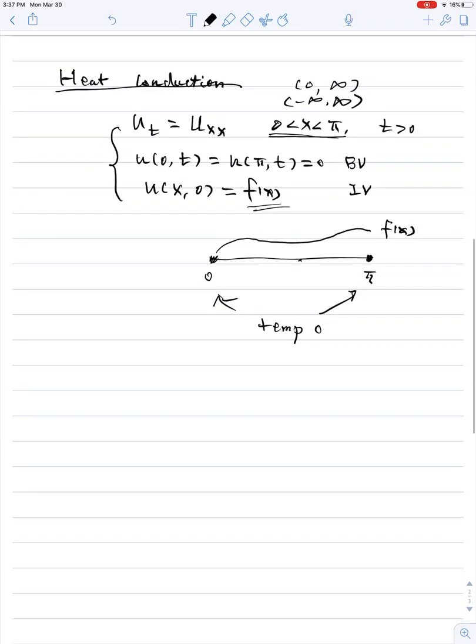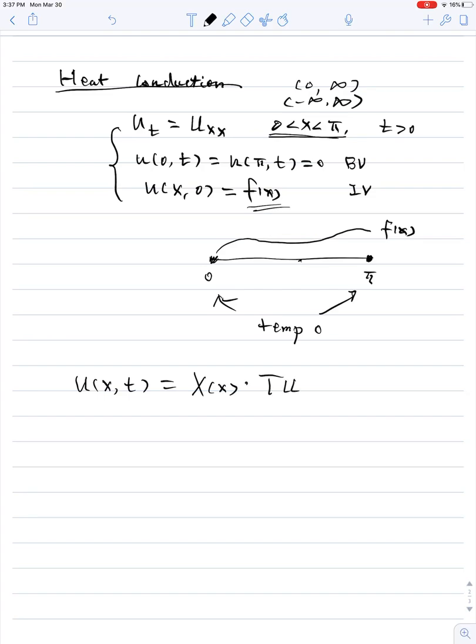So Fourier is the first person who came up with a method to solve this problem. Let's see how he did it. He assumed that u is a function of x and t, and tried to find a solution where this function can be separated as a product of two functions.